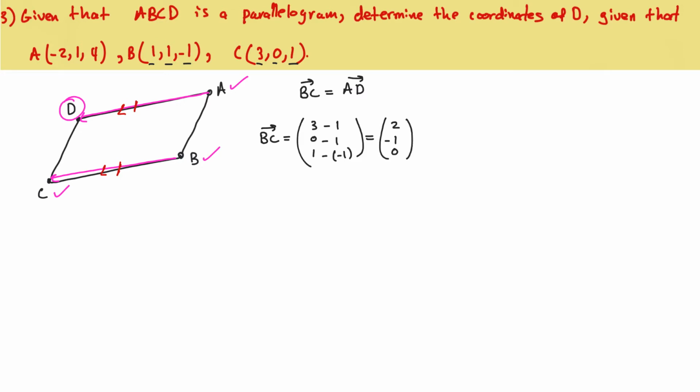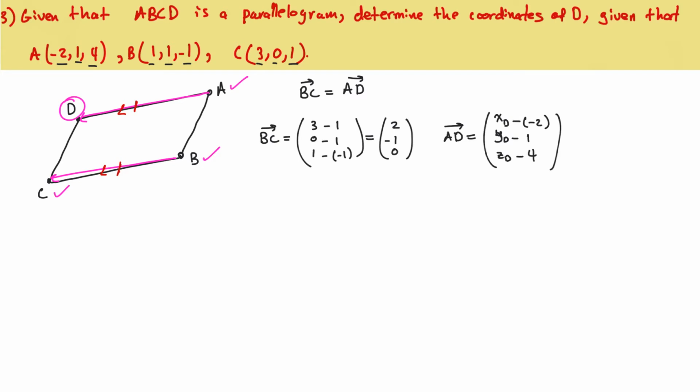For vector AD, I'll write that one here. I'm going to have the x, y, and z components of point D. I don't have them, so I'm just going to write them: x component of D, y component of D, and z component of D, minus the x component of A, which is negative 2, the y component of A, which is 1, and the z component of A, which is 4.